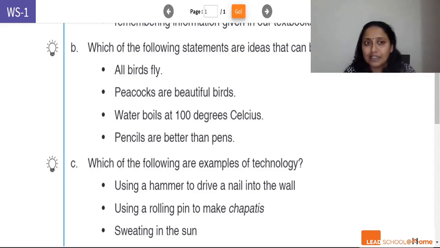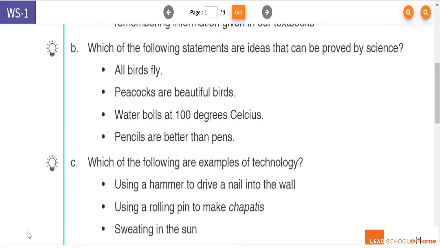Please find the answers for both B and C. Are you done?